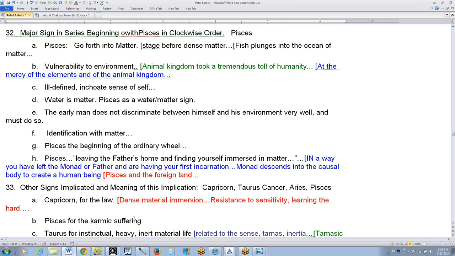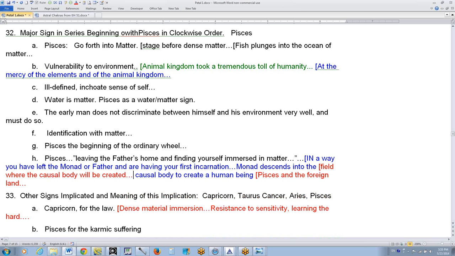The group incarnation in Cancer, the first individual incarnation in Pisces. The monad descends into the field where the causal body will be created. So the monad descends into this field and contributes to the creation of the causal body. Pisces, you're in the foreign land, far from the monadic home.